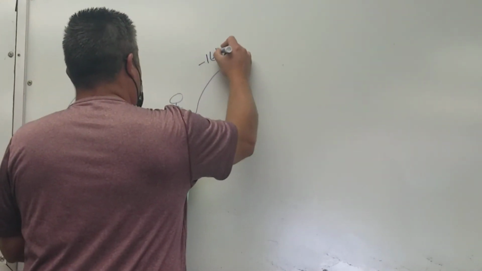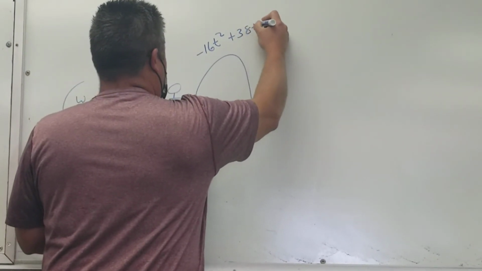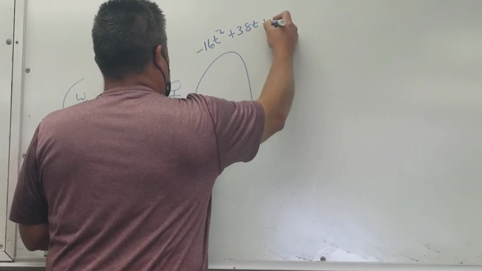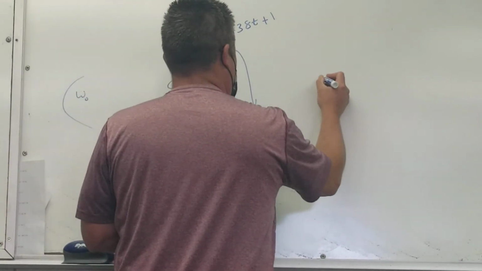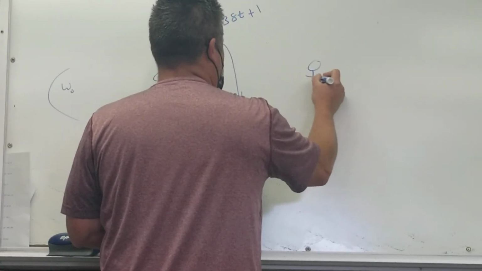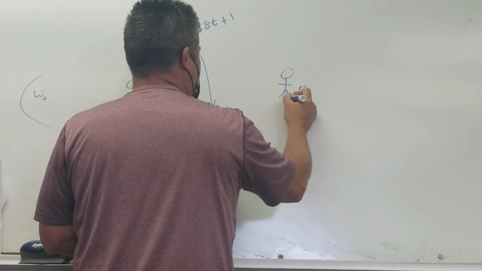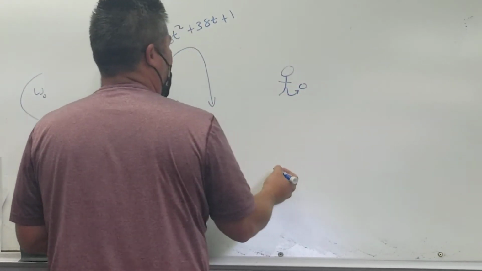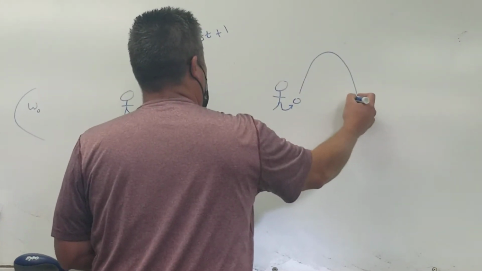Negative 16t squared plus 38t plus 1. And this person's also kicking a ball. It's bouncing towards them as they kick it. And they kick the ball and it's up in here, so they're going to kick that ball, and their equation, same thing, going like this.